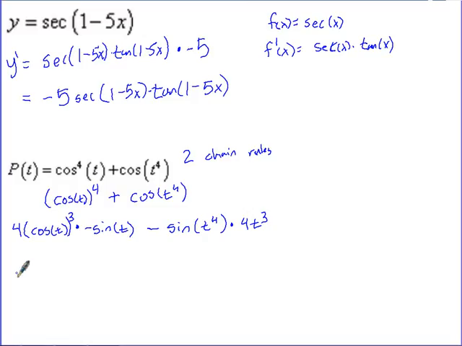So this would be negative 4 sine of t cosine of t to the third power minus 4t cubed sine of t to the fourth power.